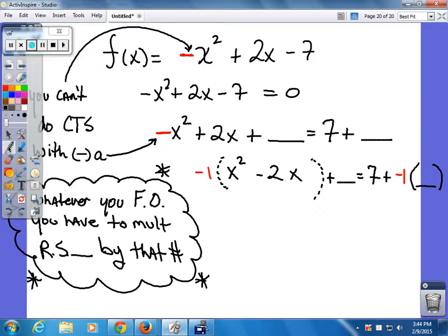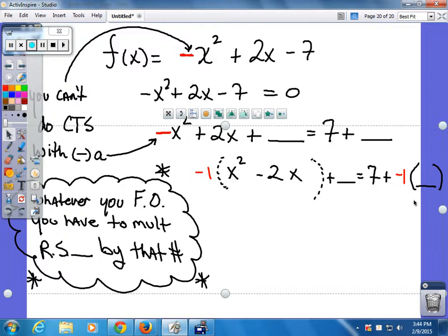All right, let's take our handy dandy next page.